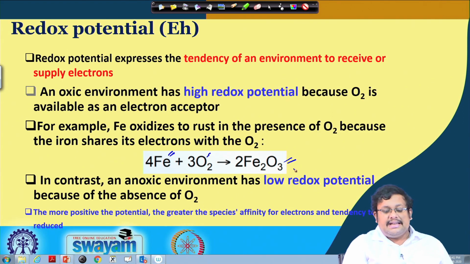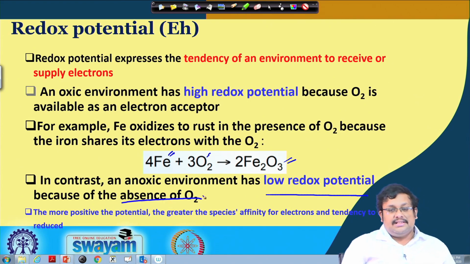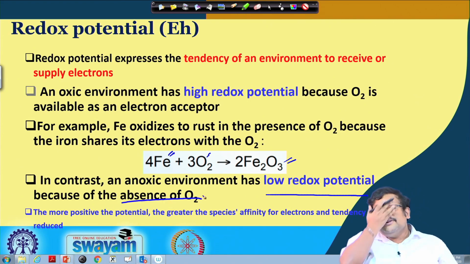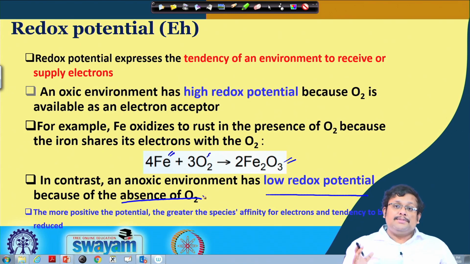In contrast, an anoxic environment has a low redox potential because of the absence of oxygen. So, redox potential gives you an indication whether a particular environment is oxic or anoxic.